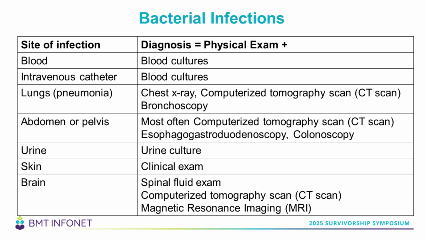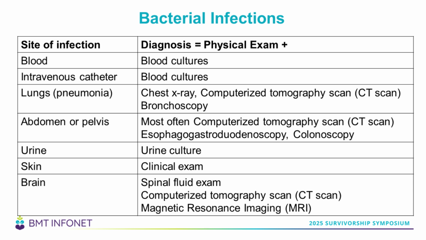Bacterial infections can actually involve a variety of sites within the body, and these infections often come from the normal bacteria living inside of you, which get disrupted by chemotherapy or other medications given at the time of your CAR T therapy, autologous transplant, or allogeneic transplant. These bacteria can also come from outside of you. Bacterial infections can be diagnosed by many different tests, but they often require cultures to identify the specific bacteria.